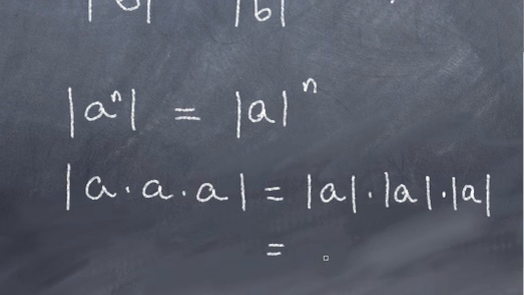So this would end up being A. Let's say A is positive, therefore I can write an A here. And then, of course, this would all be raised to the n power.